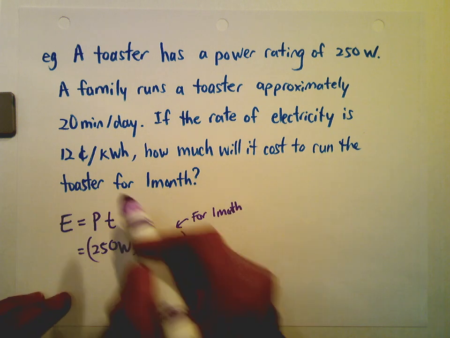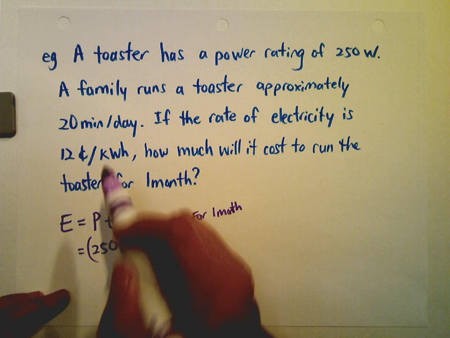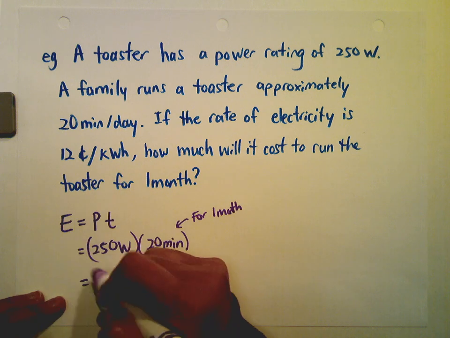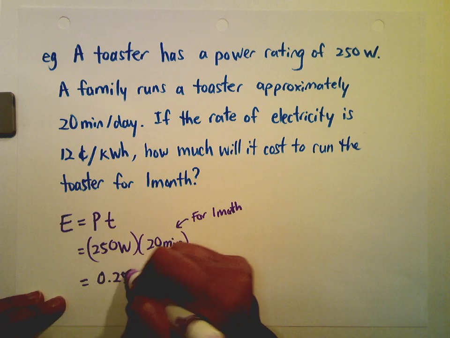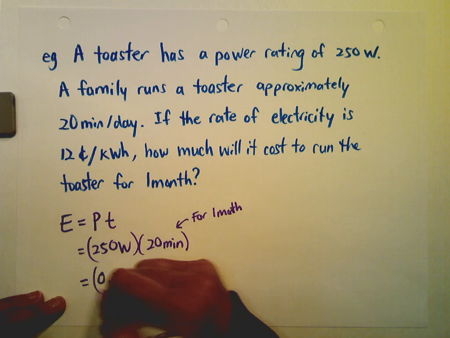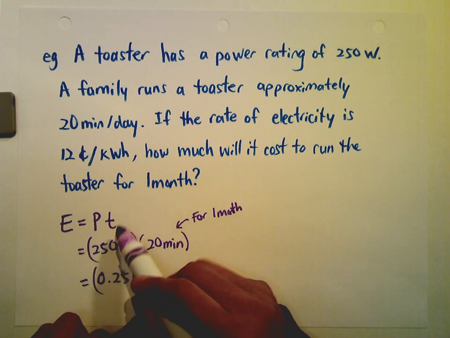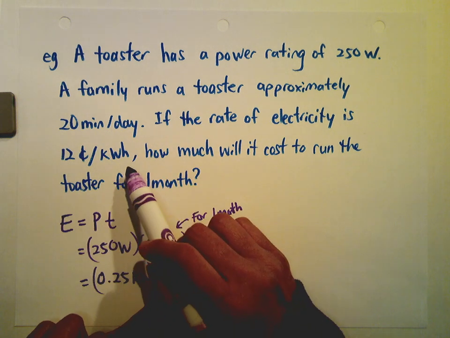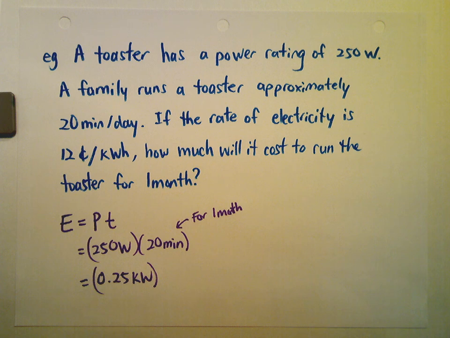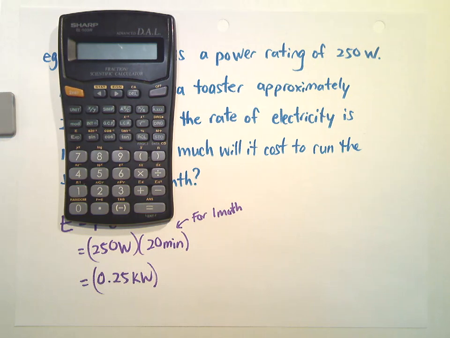Looking at my units, I need the power in kilowatts. This is in watts, so let's convert. This is going to be 0.25 kilowatts. And the time I need in hours, not minutes.